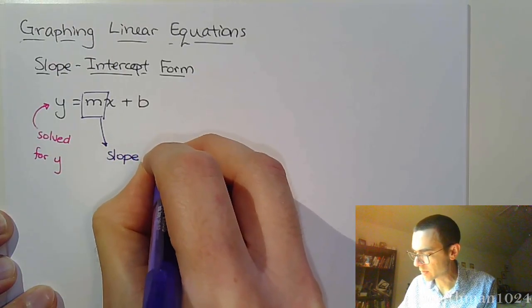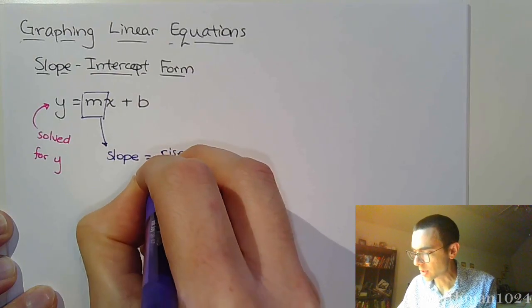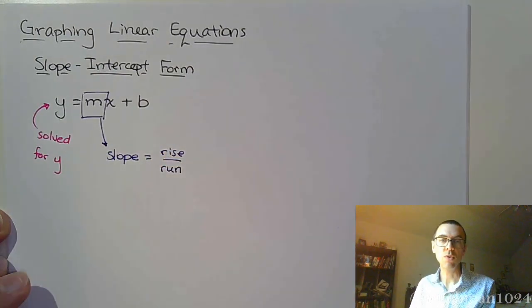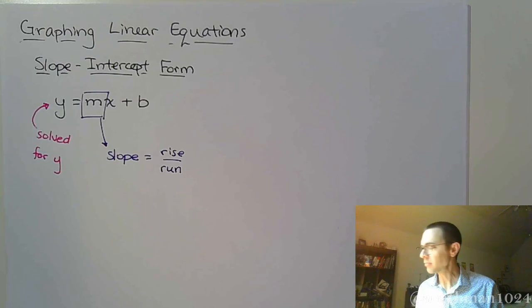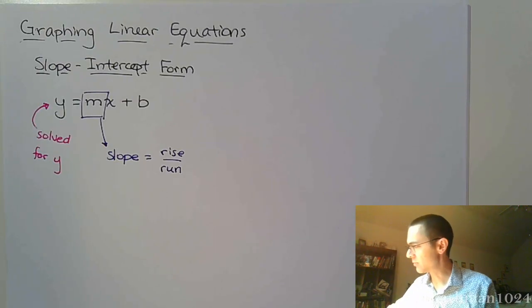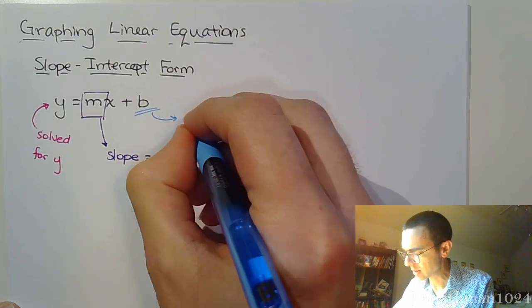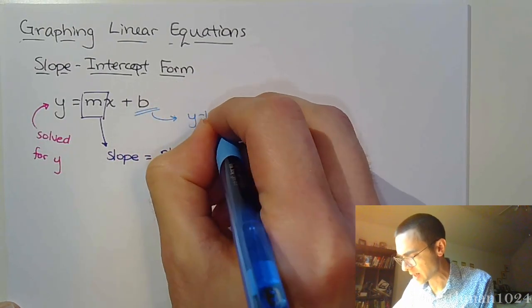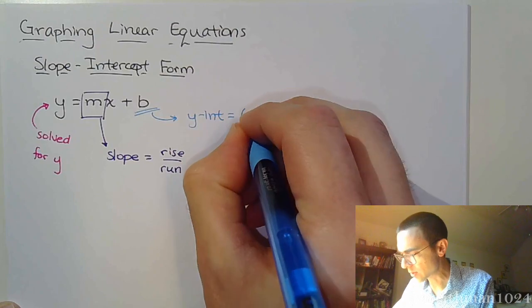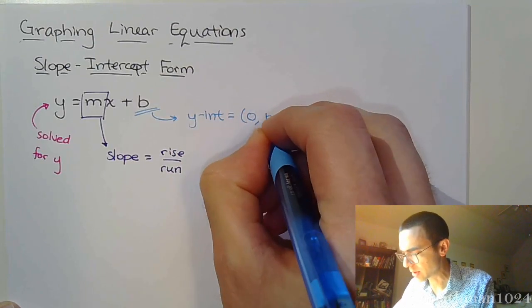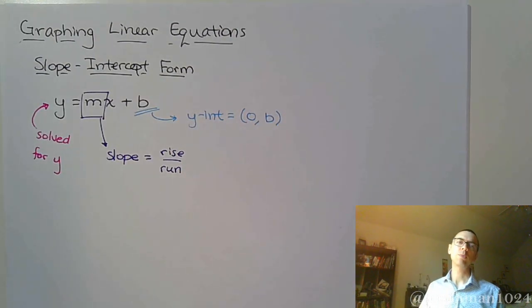If you remember, a lot of times when we talk about slope, we talk about rise over run. And then we have this term at the end, which leads us to our y-intercept, which would be the ordered pair (0, b).